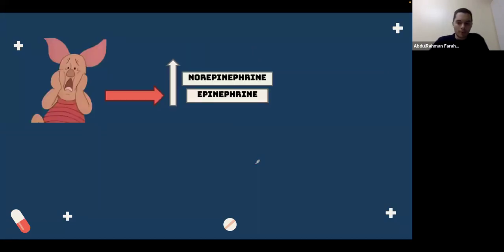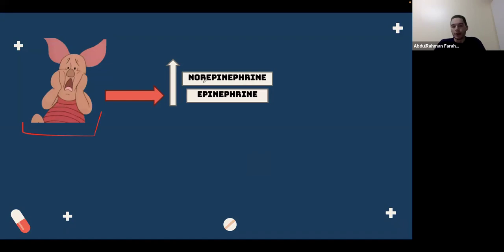Now, we spoke about how insulin gets released and how the gastric inhibitory peptide and glucagon-like peptide, essentially gastrointestinal hormones, work to release insulin. Now we're going to speak about something that inhibits the release of insulin. If you know Winnie the Pooh, Piglet is a very anxious character, and he's always in this tense state.